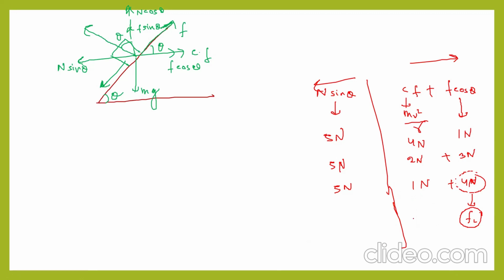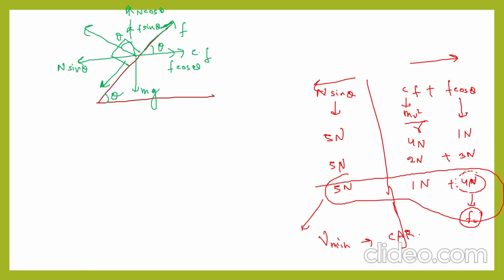So up to this condition only, the velocity will be minimum and the car will not skid. My objective is, even if I am going with minimum velocity, my car should not skid.